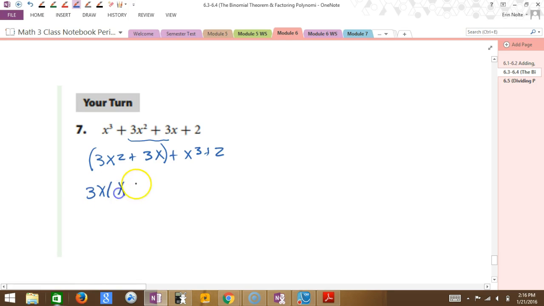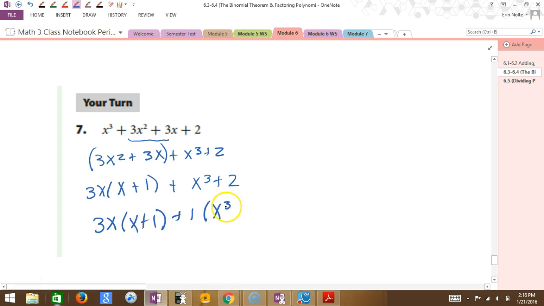So x plus 1. Okay. And then I have x cubed plus 2 left over. Could I take anything out of x cubed plus 2 other than 1? I can take a 1 out, right? So if I have 3x, x plus 1, I'm going to just factor out a 1. X cubed plus 2.